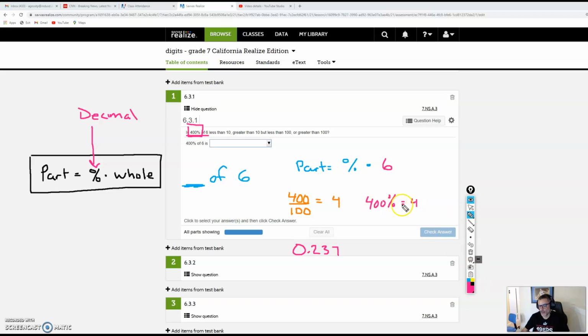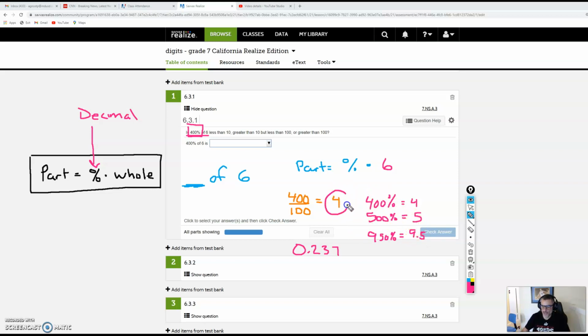This pattern continues. Guess what 500% is in decimal form? Just 5. What about 950%? Well, 950% is 9.5. So converting a percent greater than 100% to a decimal is actually pretty easy.